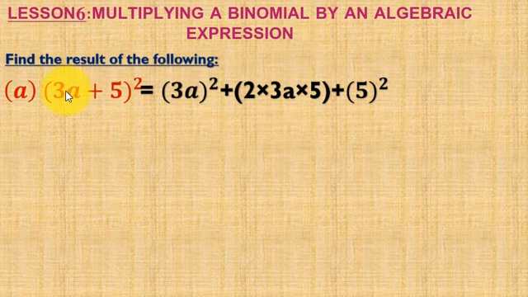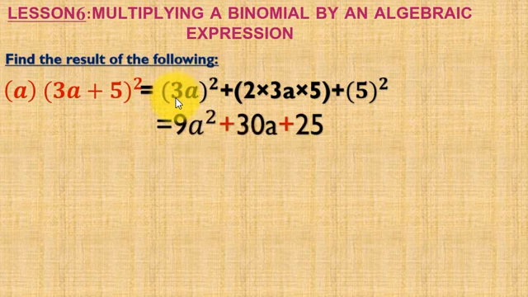Multiply the first, which is 3a, by the second, which is 5, then multiply them by 2. So, pay attention that here you must square the coefficient 3. 3 power 2 equals 9, a power 2 equals a power 2. Then we multiply 2 by 3a by 5. 6a times 5 equals 30a. After that, we square 5, which is 25.